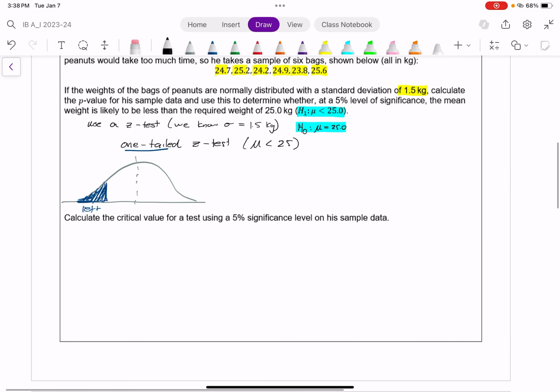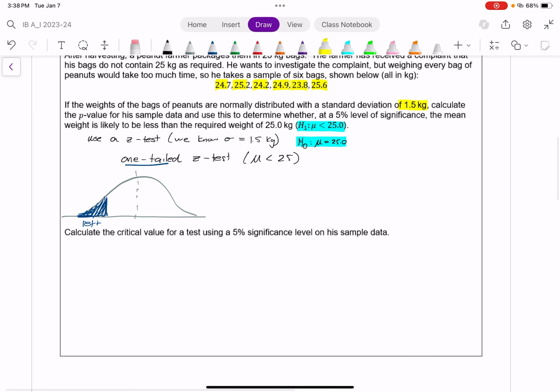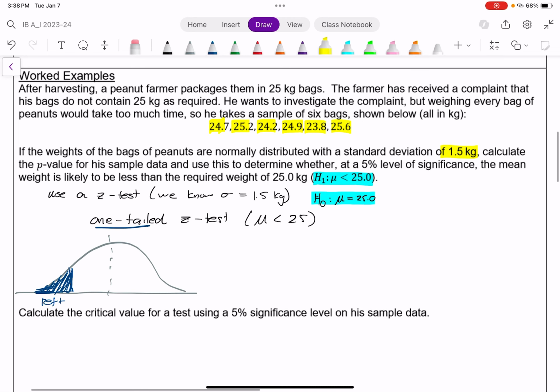At this point, it's GDC work. We know again it's going to be a Z test. In this case, we have the data, so we want to go into our GDC and input these 6 values, and tell it that we have the data already. We will also tell it the mean of the population, at least for our null hypothesis, which is 25. We know the standard deviation. Again, for the null hypothesis, we presume all that's true.